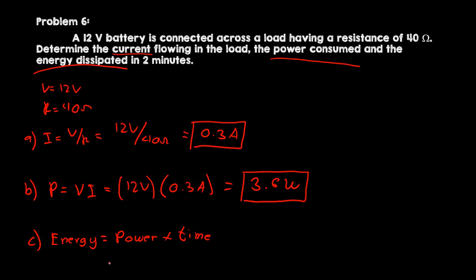So our power is 3.6 watts and our time should be in seconds. Again, this is an SI unit, and energy is equals to power times time if the power is in watts and the time is in seconds. So we need to convert the time to seconds. So 2 minutes is equals to 120 seconds.